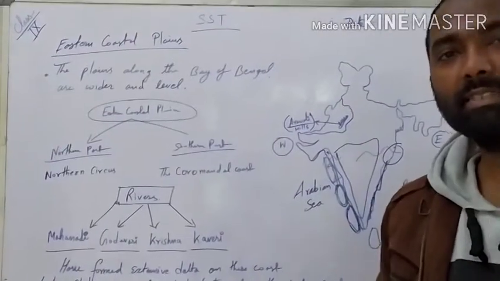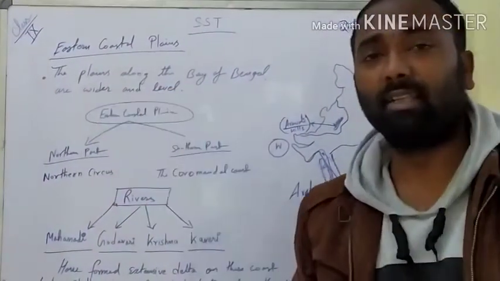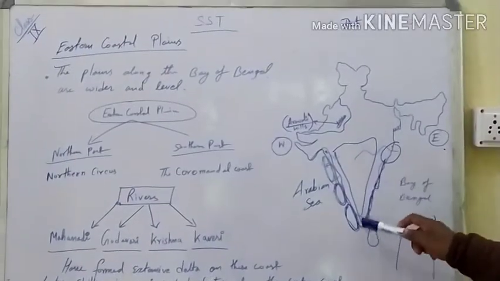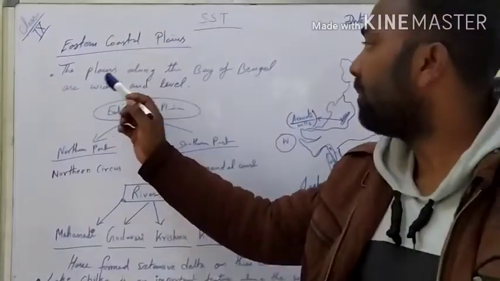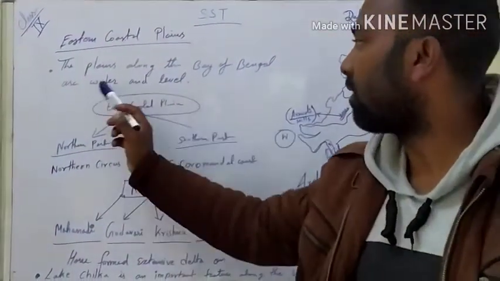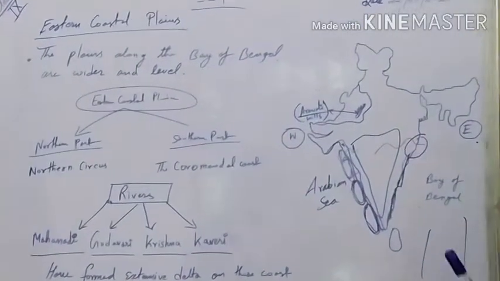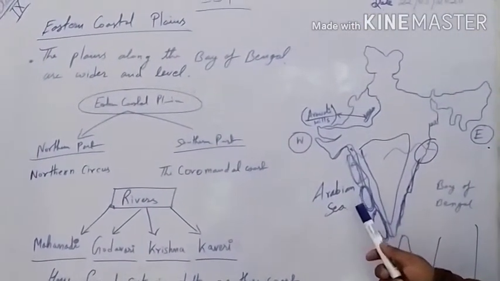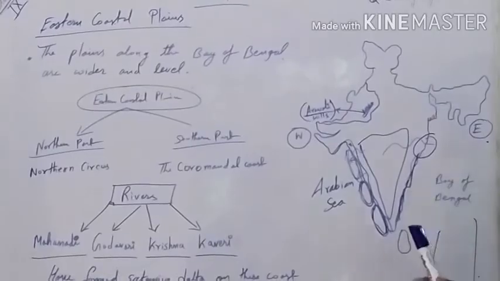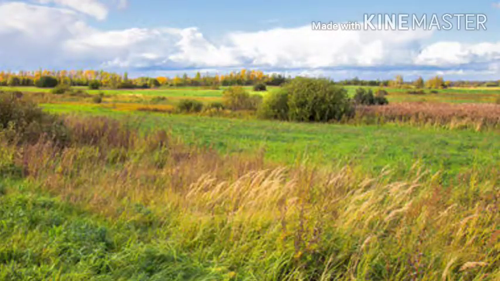Now let us understand about the eastern coastal plain. The plains along the Bay of Bengal are wider and level. In comparison with the western side, the eastern coastal plain is wider and it is closer to the Bay of Bengal.